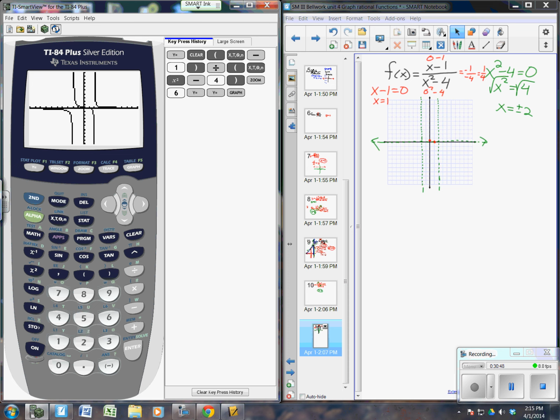Okay, when you graph it in there, you put x minus 1 in parentheses divided by x squared minus 4 in parentheses. You hit graph, or zoom 6 if you want a standard window like mine. And that's what it's going to look like.